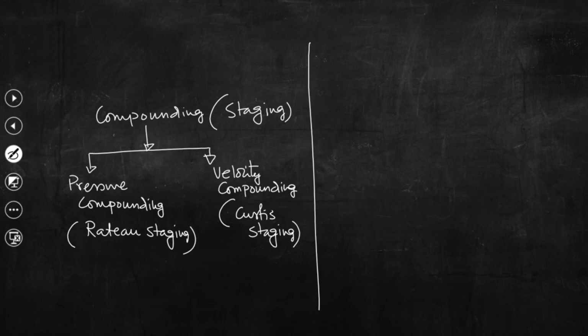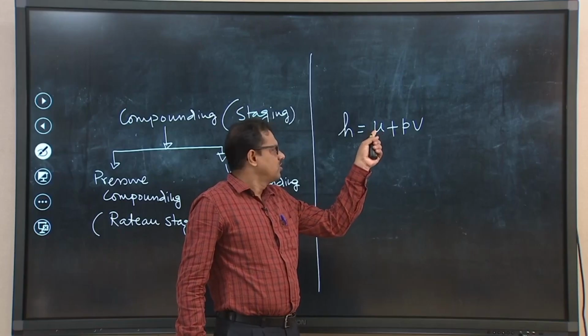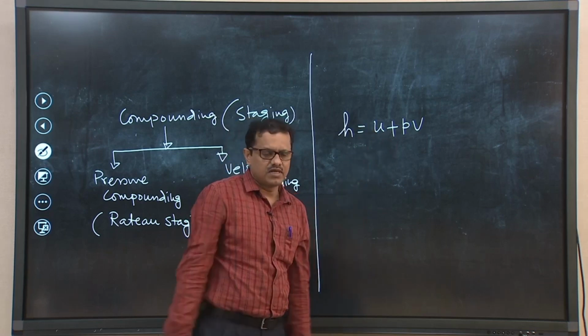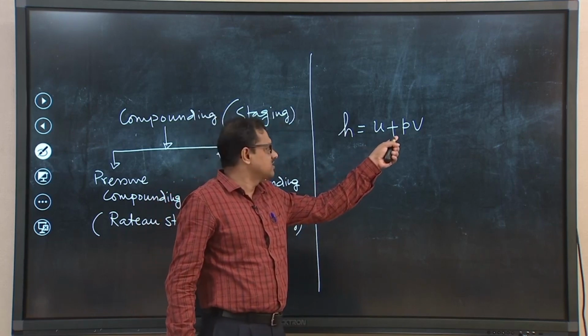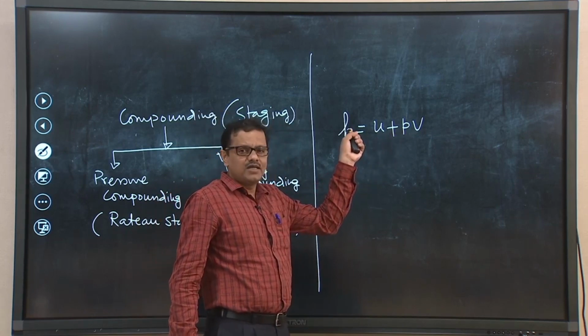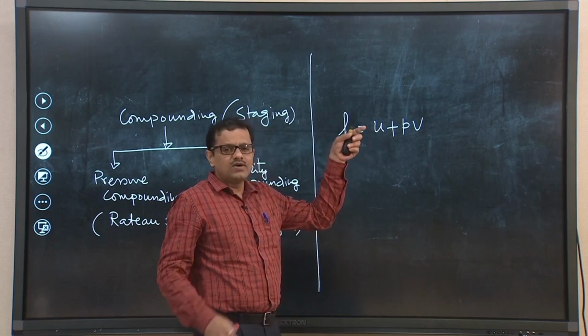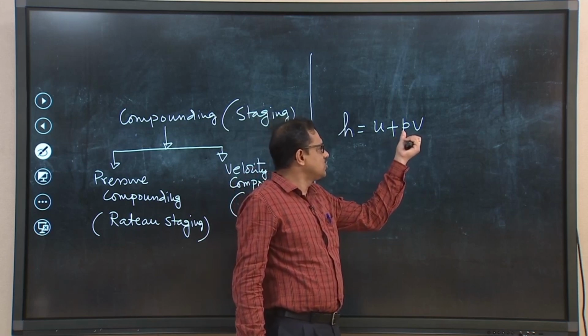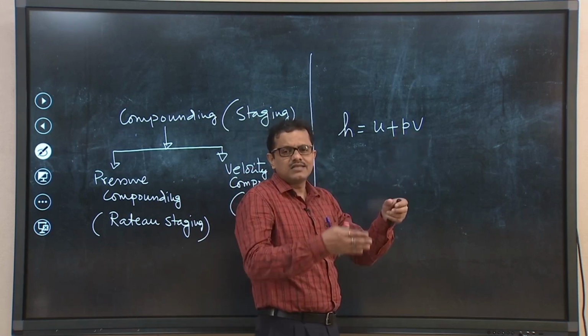So compounding is nothing but that if we consider that the total enthalpy is basically U plus PV, the internal energy of steam we are not going to disturb. So what we can do is that this enthalpy drop can be divided just by altering the drop in pressure inside the nozzle.